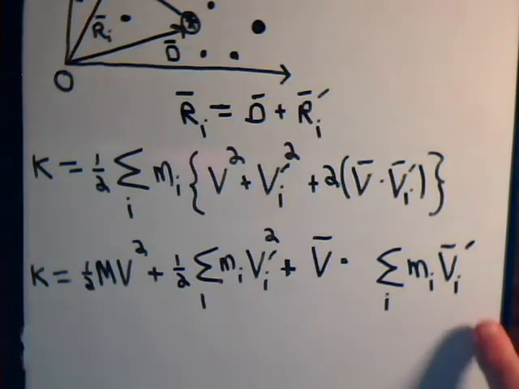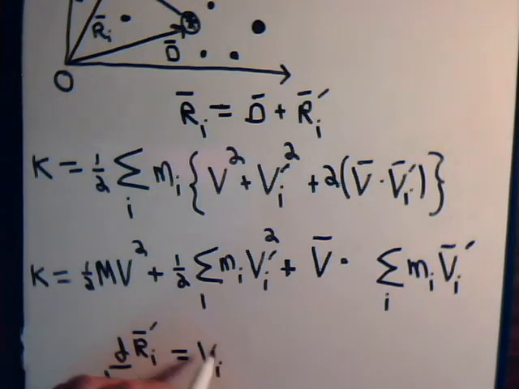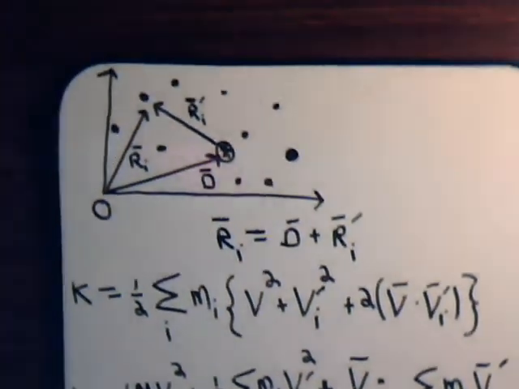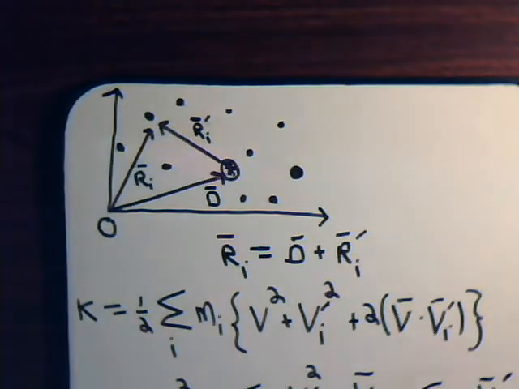But now remember, vi prime, that's the time derivative of ri prime. Ri prime is the vector that goes from the center of mass to any one of these particles.